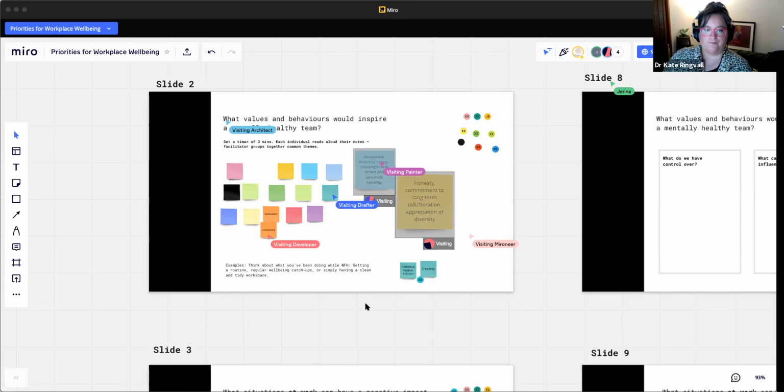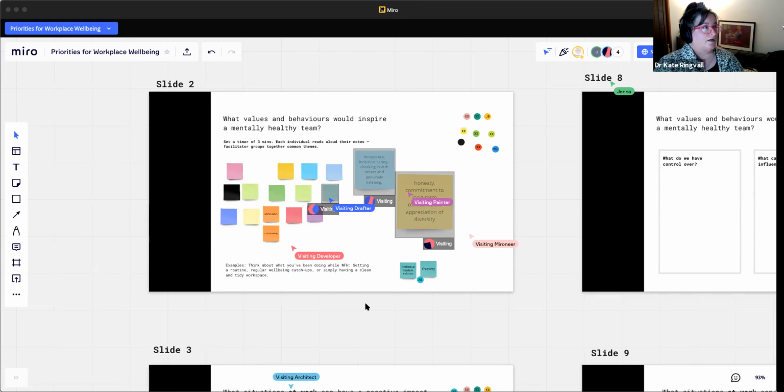There are lots of values and behaviours that would inspire a mentally healthy team. Some behaviours I can think of would be being inclusive of all abilities, all types of people. What else?